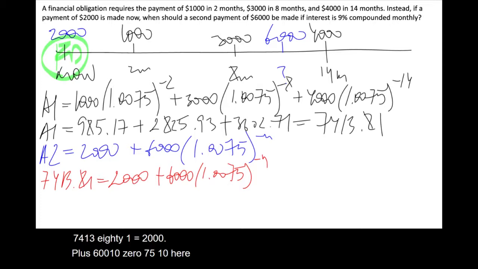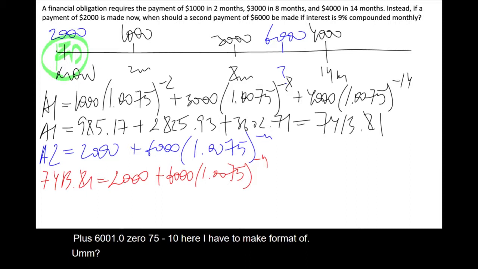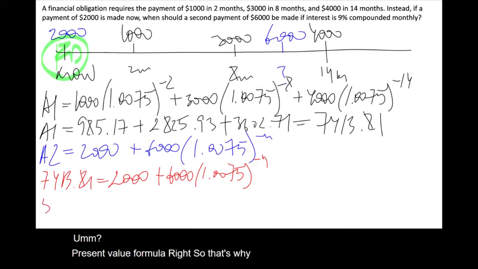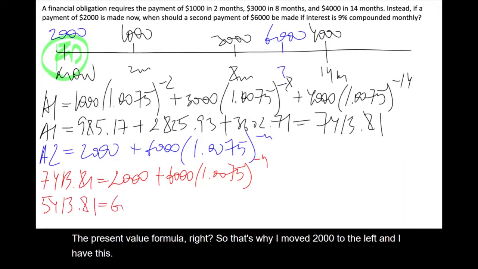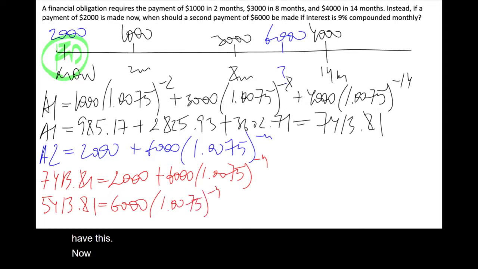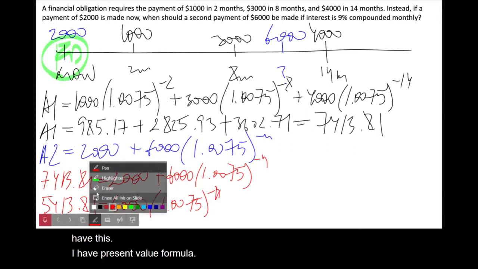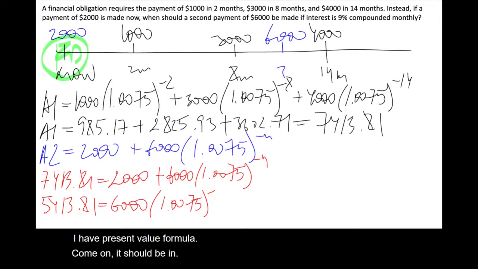Here I have to make the format of the present value formula, right? So that's why I moved 2,000 to the left, and I have this. Now I have the present value formula.